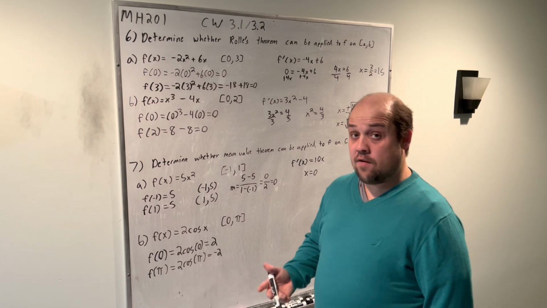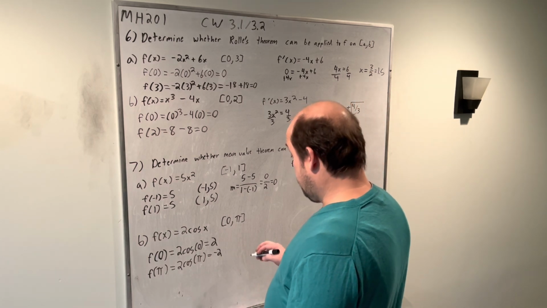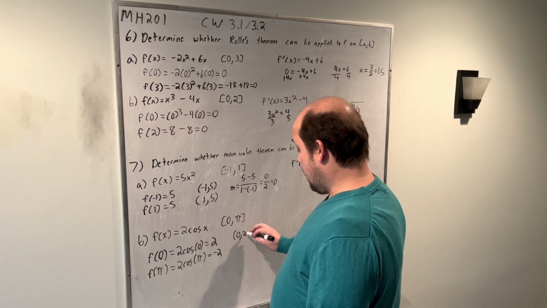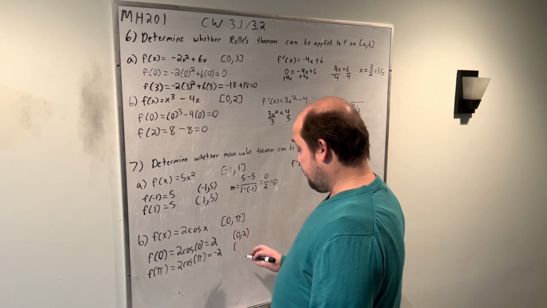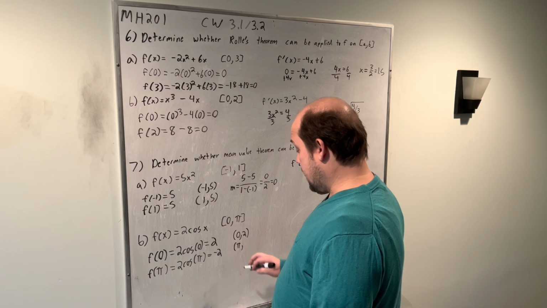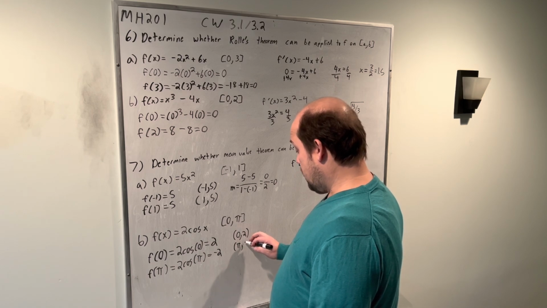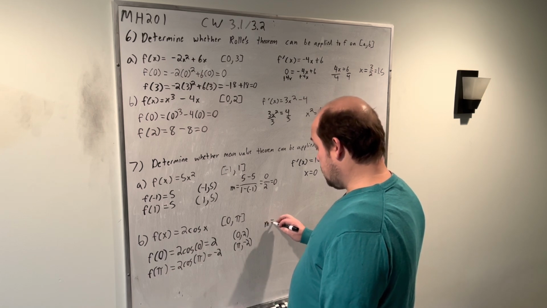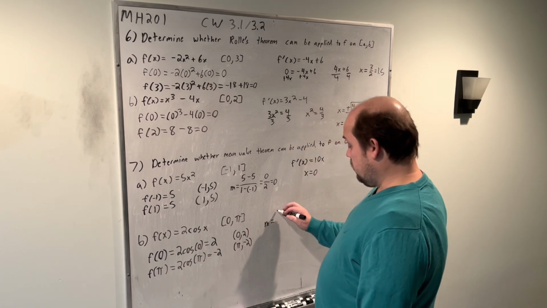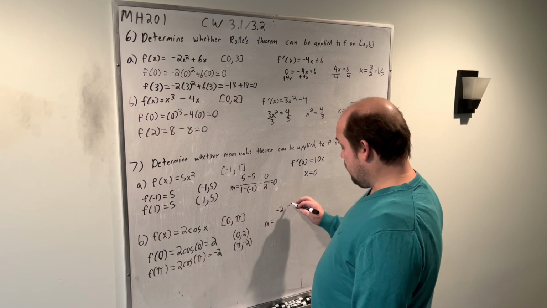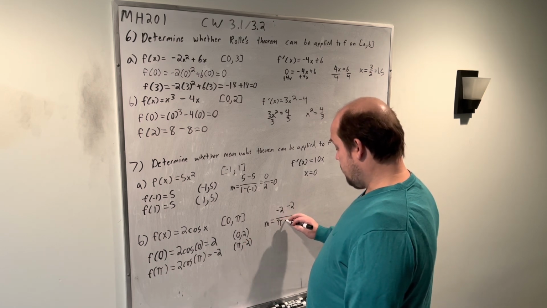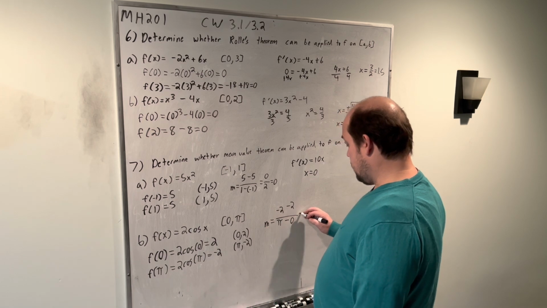Again, I need to now find the slope between these 2 points. So the first point, when I put in an x value of 0, I got a y value of 2. The second point, when I put in an x value of pi, I got a y value of -2. To find the slope here, the slope would be y2 minus y1 over x2 minus x1.